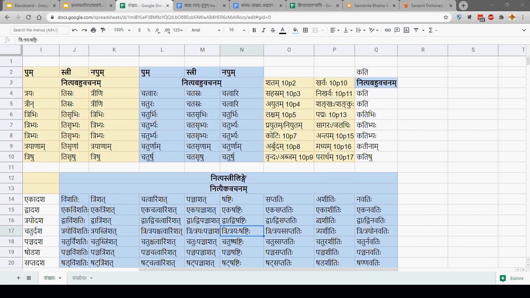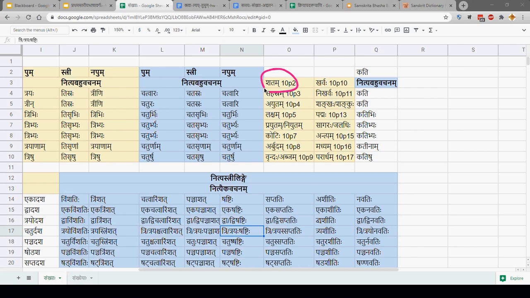So Vimshatihi Balakaha remains the same. Similarly, Shatam remains the same whether the other word is Pullinga, Strilinga or Napusakalingam. Shatam Balakaha, Shatam Balika. It is just like saying 100. 100 doesn't change form. So Shatam, 100 boys, 100 girls.